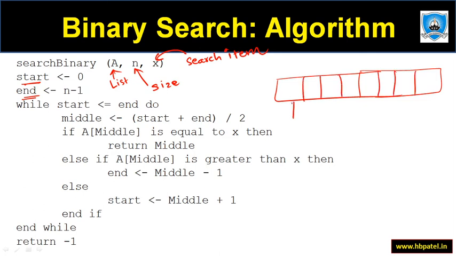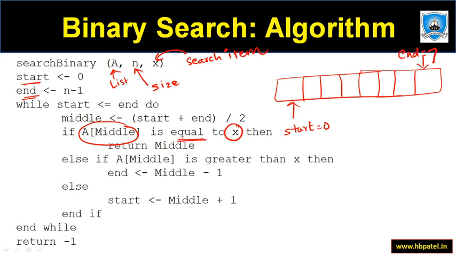Initially start is equal to 0. If there are 8 elements, then end equal to 7, size minus 1. And then we just repeat a loop with middle equal to start plus end divided by 2, and we compare a of middle with that item. There are three things.